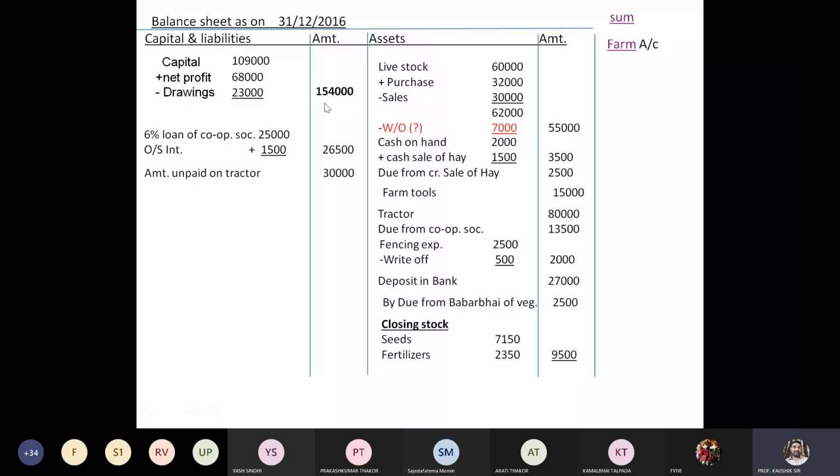Now the total of the capital and liabilities and the assets should be the same. Let me know the total of both sides. 2,10,500.